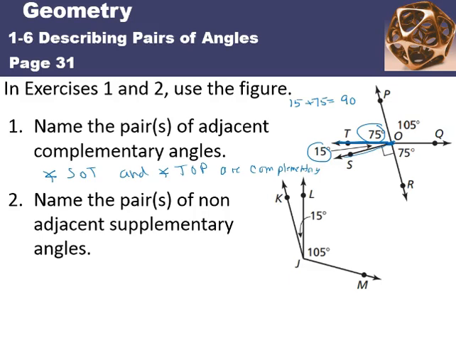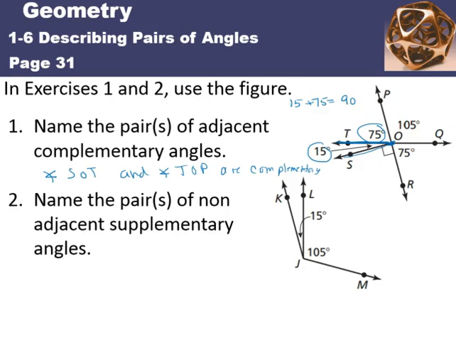Okay, and then we're looking for a pair of non-adjacent supplementary angles, so angles that add up to 180. And it turns out that 105 and 75 do add up to 180, but they are adjacent. And this 105 and that 75 add up to 180, but they're adjacent.